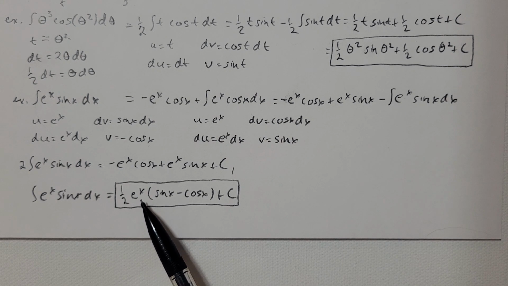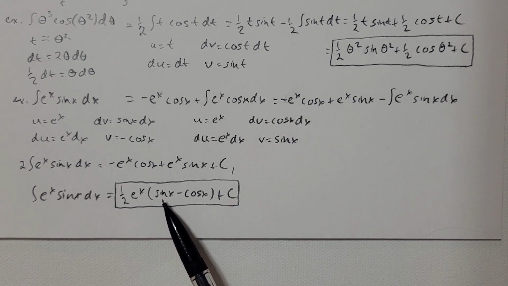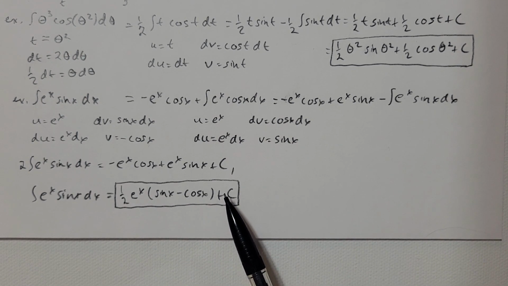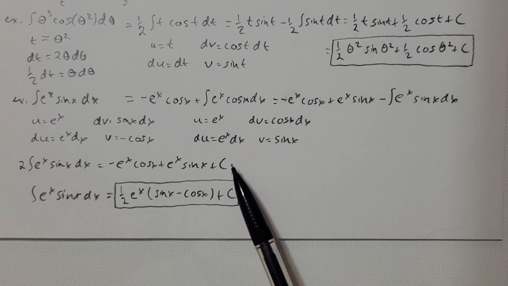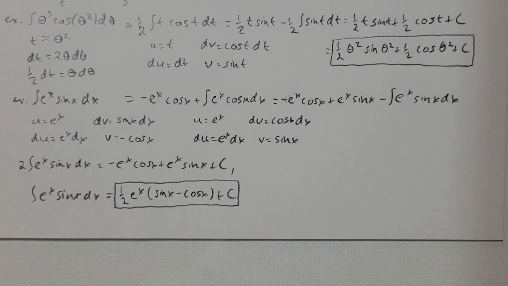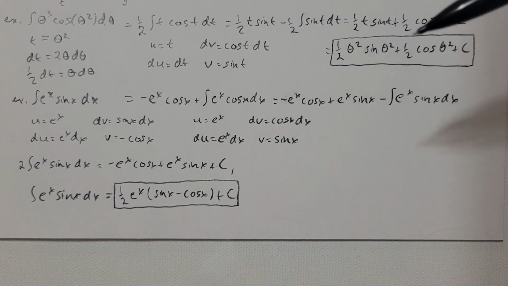So I've got 1/2 e to the x times sine x minus cosine x, and then plus a constant, whatever this constant is. Or you could say C1 divided by 2 is the same thing. We don't care what the constant is though. So we'll go ahead and stop right here, and I've got 2 more examples left in this section.